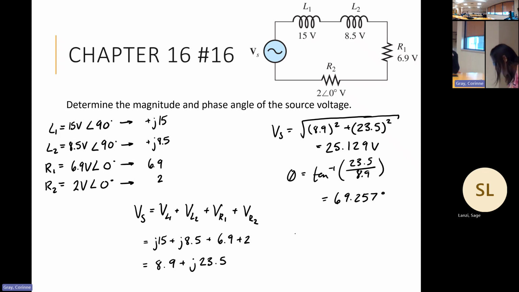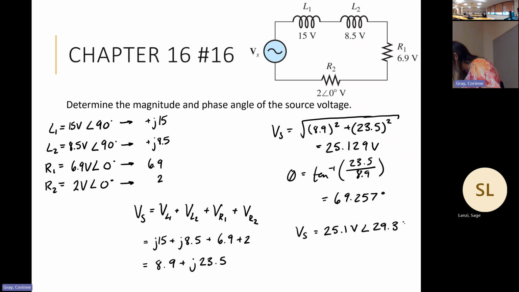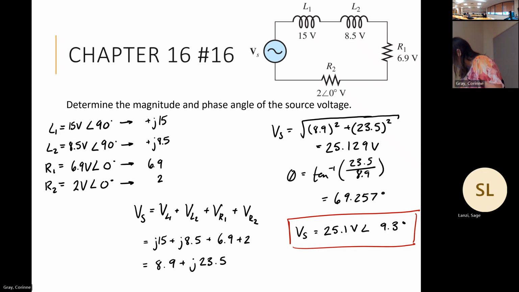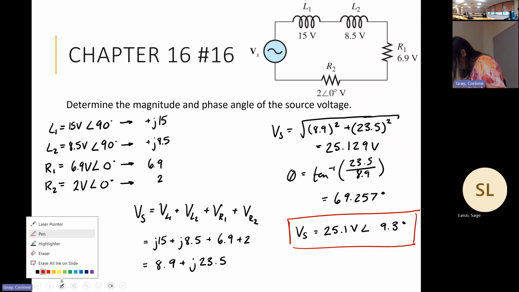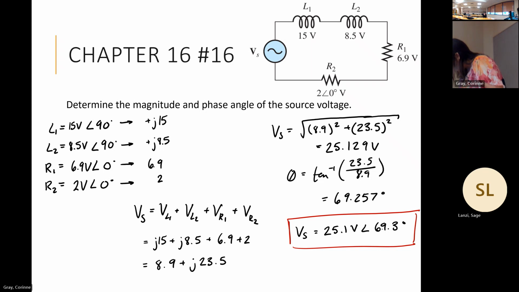So we'll have Vs is equal to 25.1 volts at 69.3 degrees. Oh, sorry, I don't know why I said 29. Yeah, 69.3 degrees.